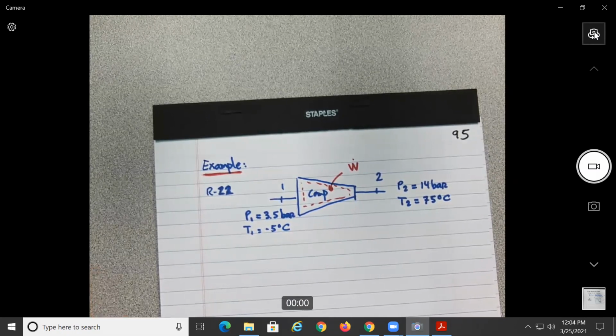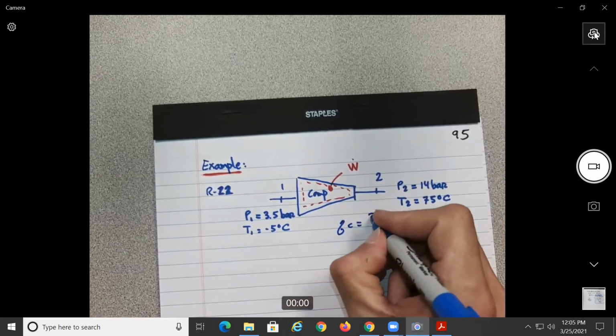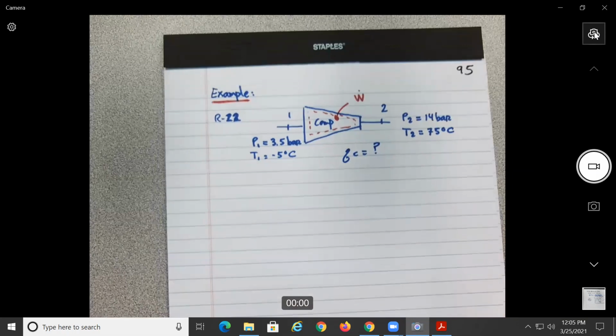Okay, so we need to find what is the efficiency of the compressor.